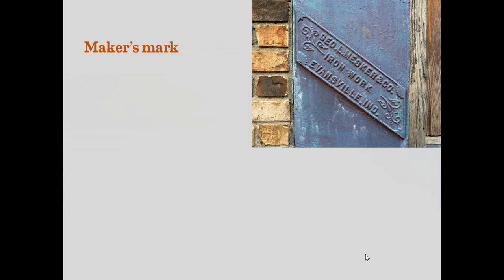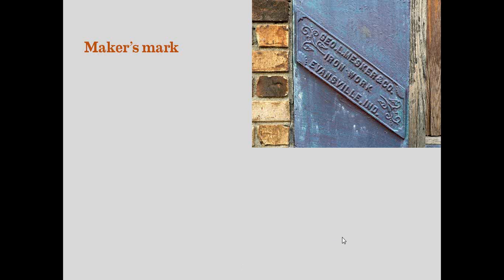And then last but not least is, in fact, my favorite type of historic sign, which is the maker's or manufacturer's mark or nameplate. These are often very small and secondary to the product that they are attached to, because their main function was not to advertise the particular company that manufactured the product, but to simply serve as a signature.